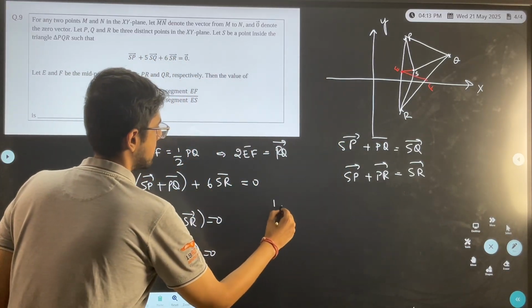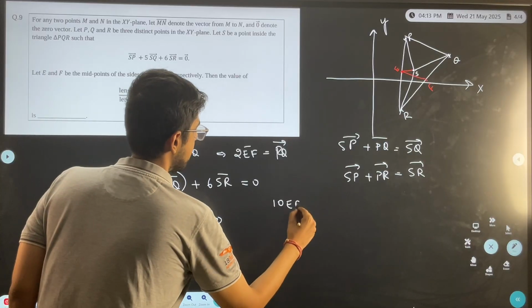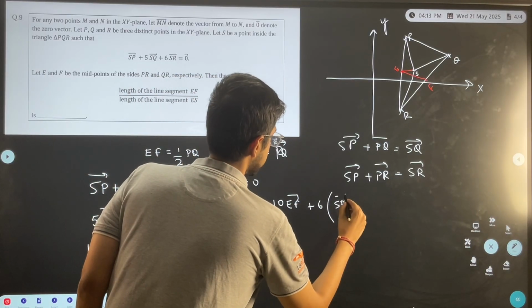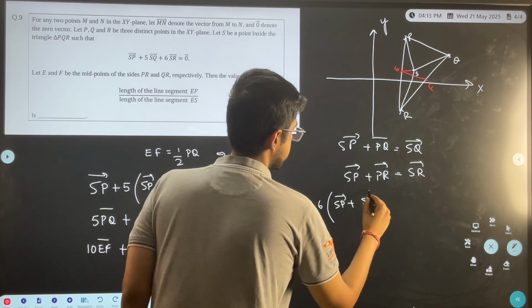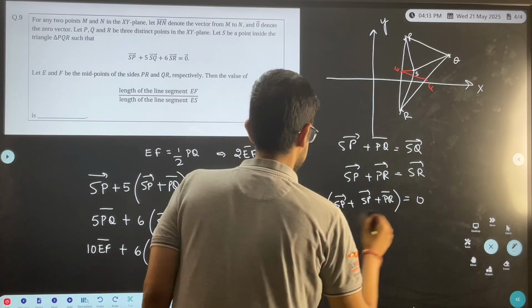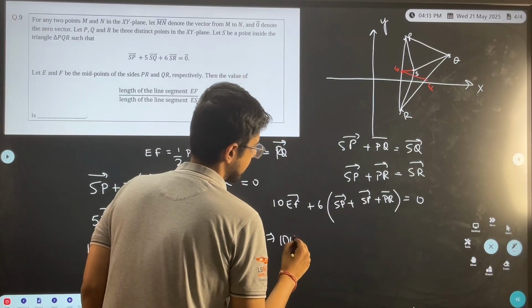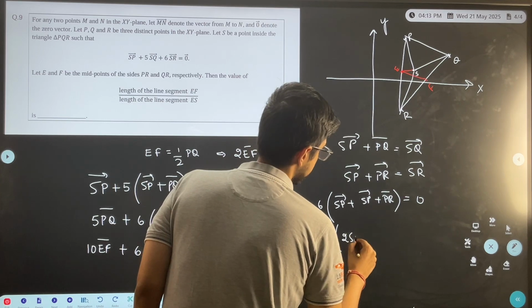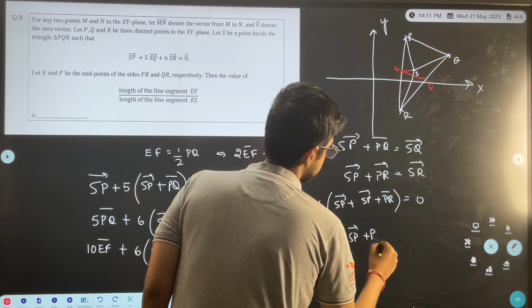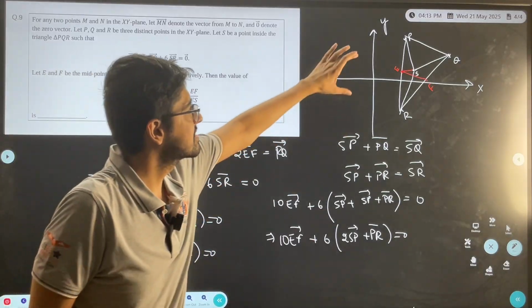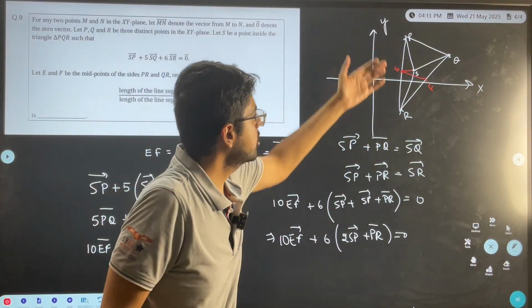I will get 10 times EF bar plus 6 times SP bar plus SP bar plus PR bar is equal to 0. That will give me 10 times EF bar plus 6 times twice of SP bar plus PR bar is equal to 0. Now, the catch is E is the midpoint of PR.